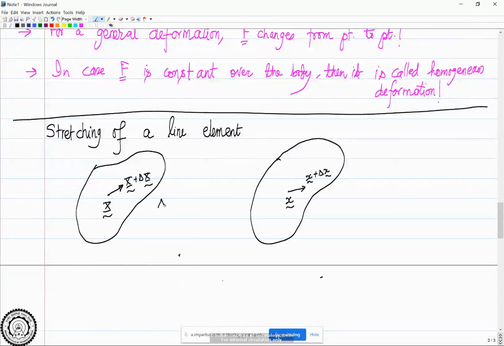We know that delta small x is equal to big F into delta capital X. And if the line element has some finite length, then I could also say this is equal to this plus big O delta capital X square, right?